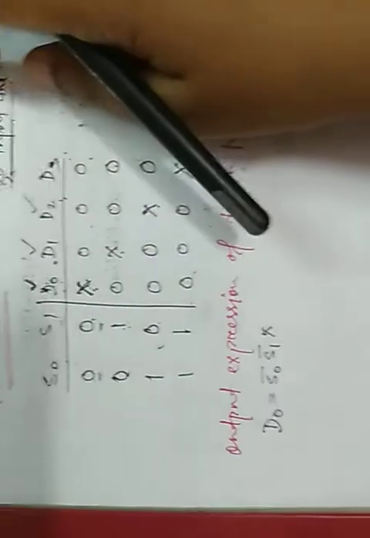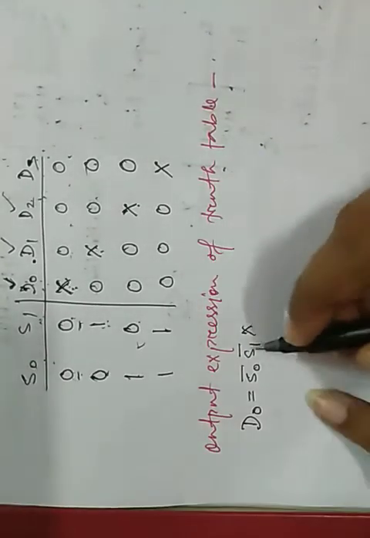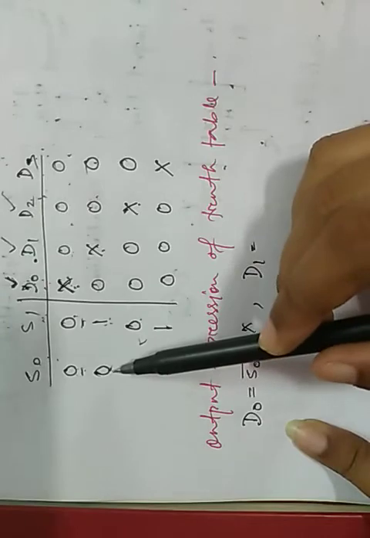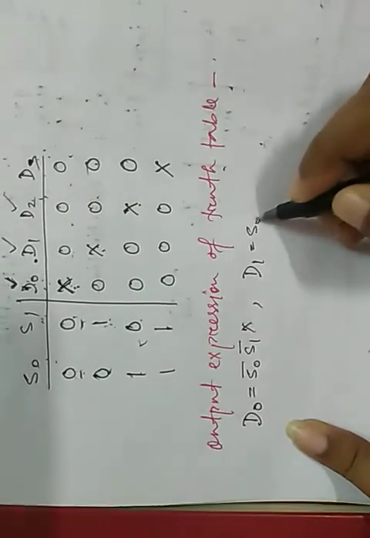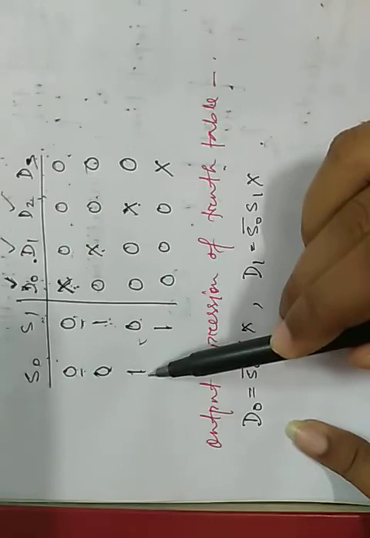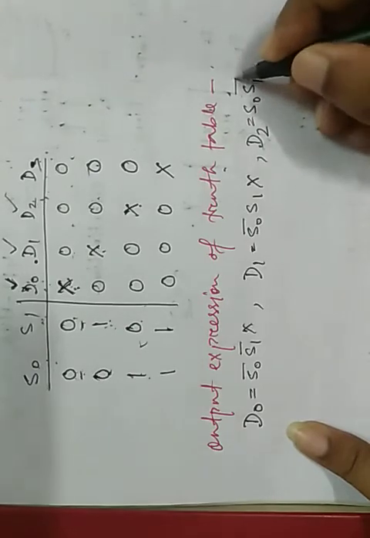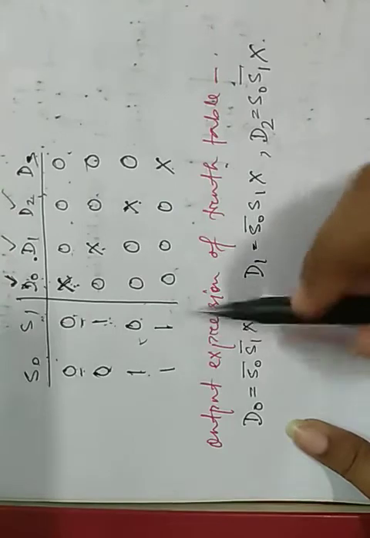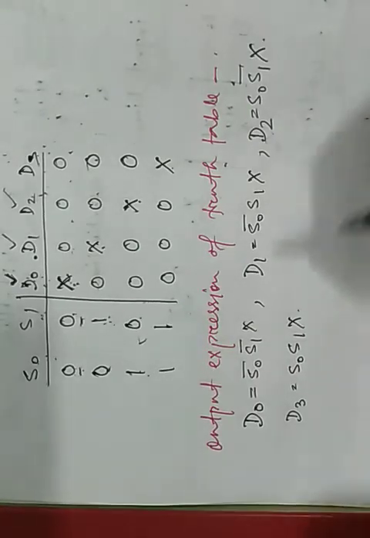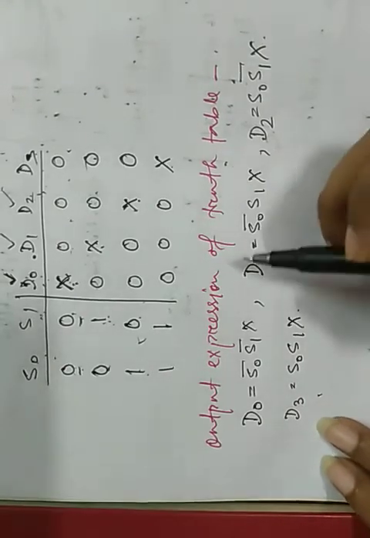X is the input value. For D1, S0 bar S1 X. For D2, S0 S1 bar X, and for D3, S0 S1 X. So we get 4 different expressions in a demultiplexer, and in a multiplexer we get 1 expression.